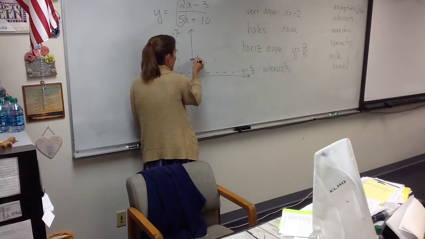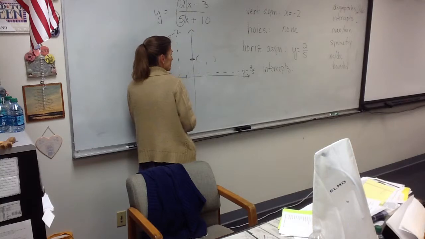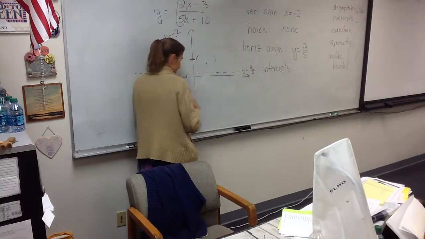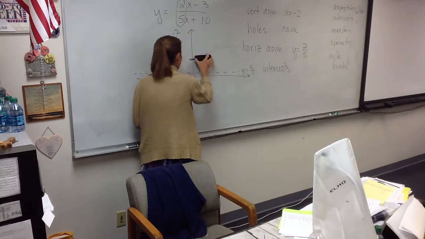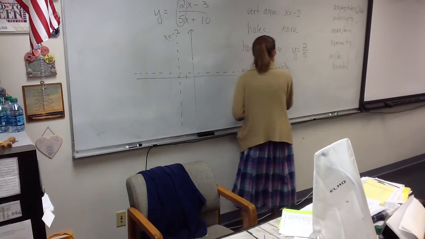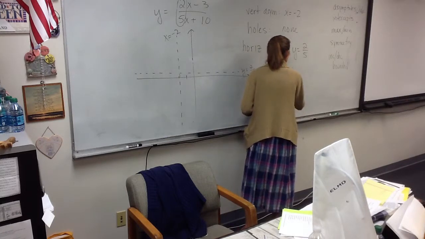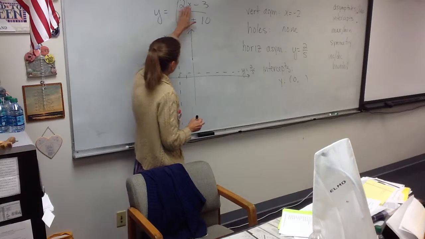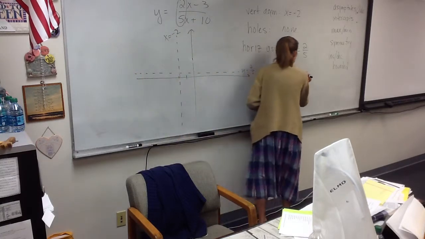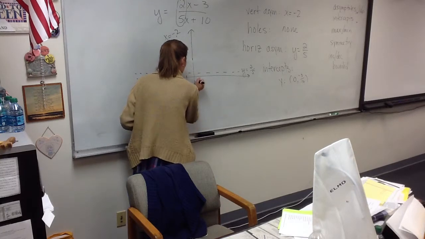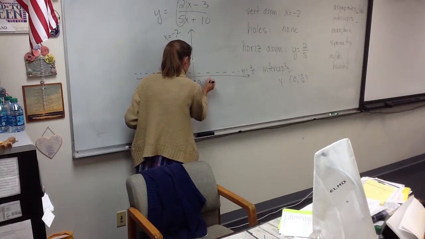If I'm on the y-axis, what can you tell me about one of these points? Which one is 0? X. So to get the y-intercept, I do what I always do. I let x be 0. And if x is 0, I get negative 3/10. So my y-intercept is negative 3/10.